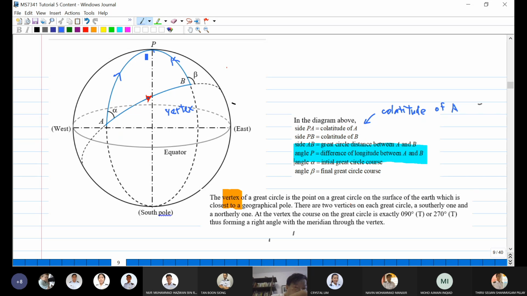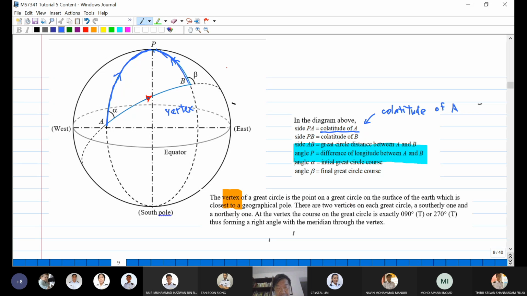So let's draw PA here, P to A. This line here is called the co-latitude of A. PA is the co-latitude of A, and PB similarly is called the co-latitude of B. Basically, co means complement.